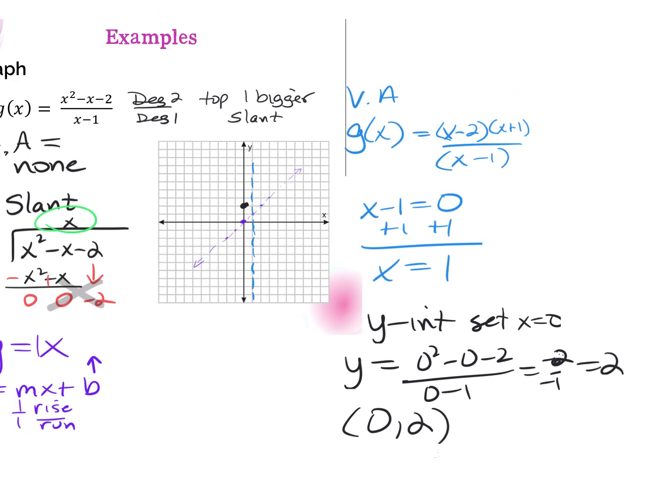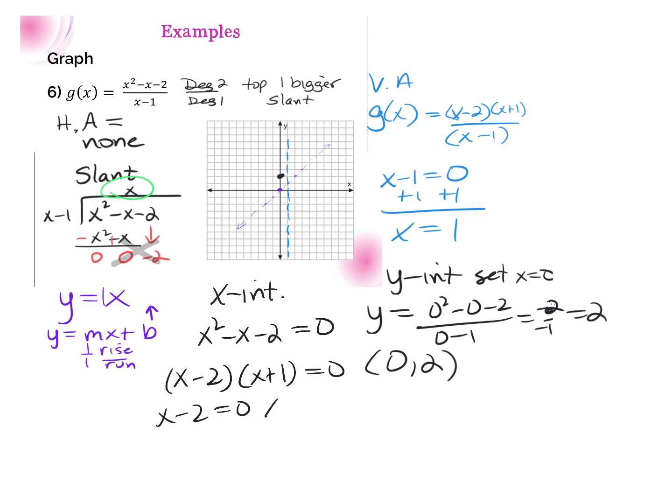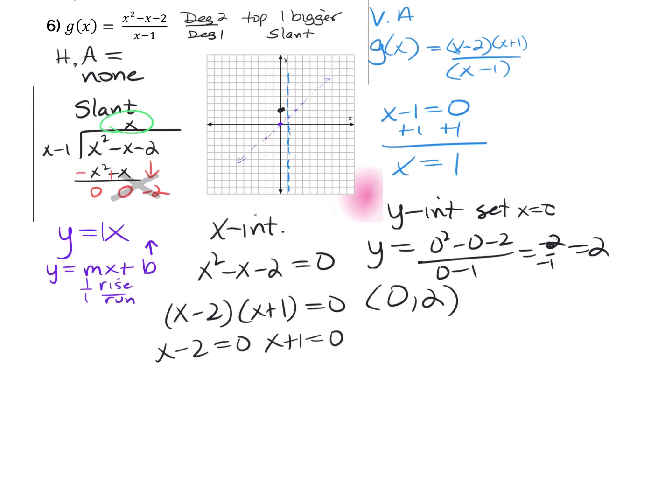Now we'll find the x-intercept. And again, the shortcut is just setting the numerator equal to 0. So it was x squared minus x minus 2. I need to factor it. Set each of the factors equal to 0. Add 2.